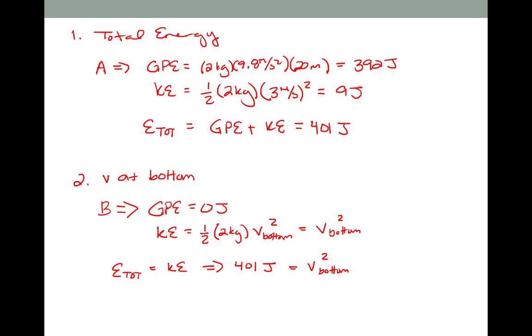And there were units here that I've dropped, but they're kilograms, so joules divided by kilograms will give us meters squared per second squared. So the units do work out, even though they're not written very well. I guess I could do this times 1 kilogram, if you will, just to put the units back in.